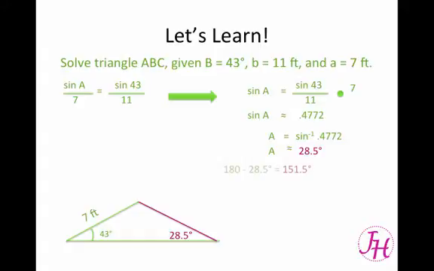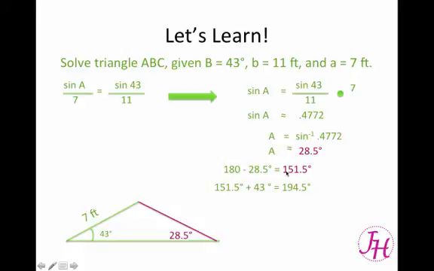And now we need to find all the missing pieces. But first, let's check and see if there's another triangle. If we take 28.5 away from 180, we get 151.5 degrees.